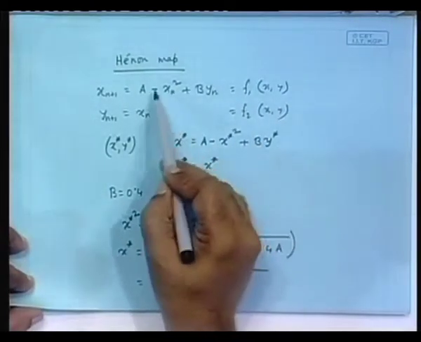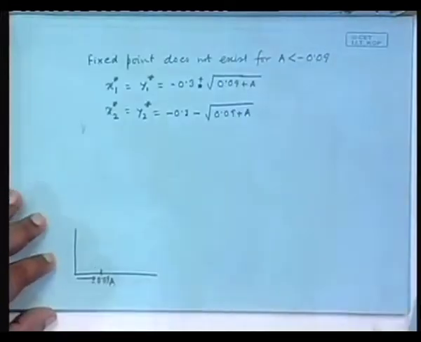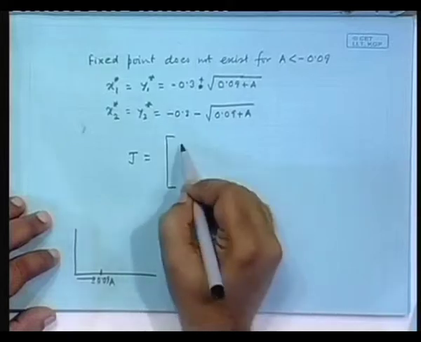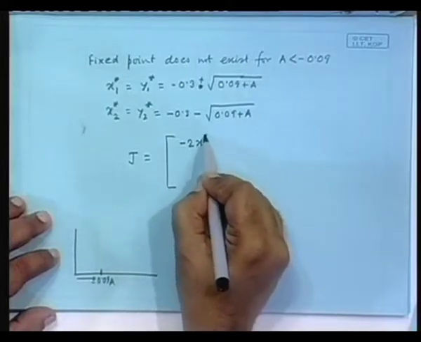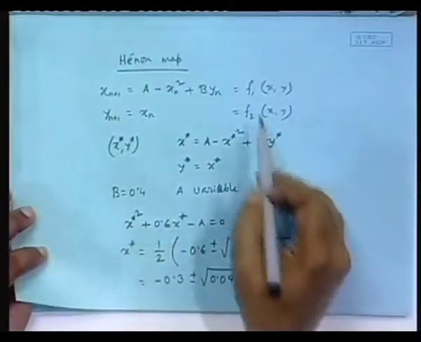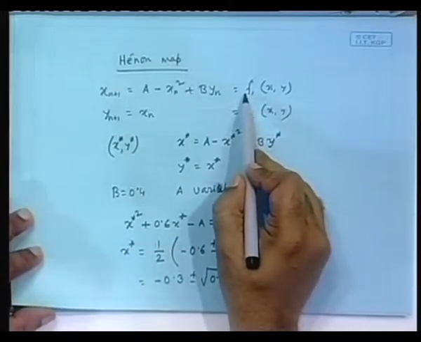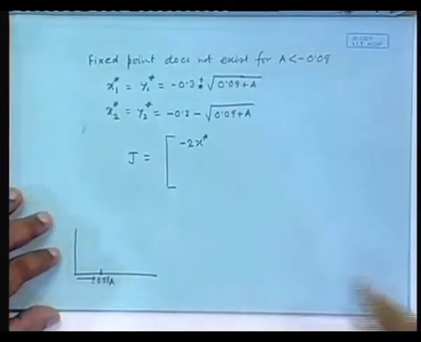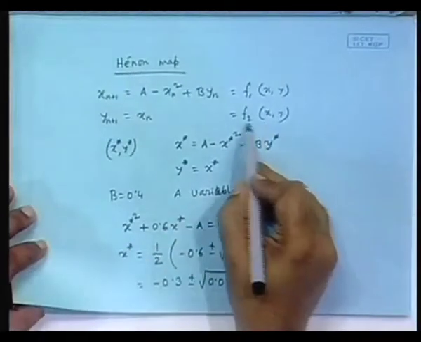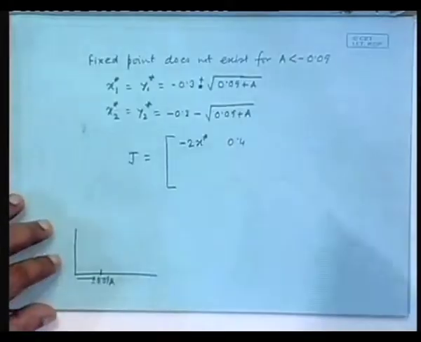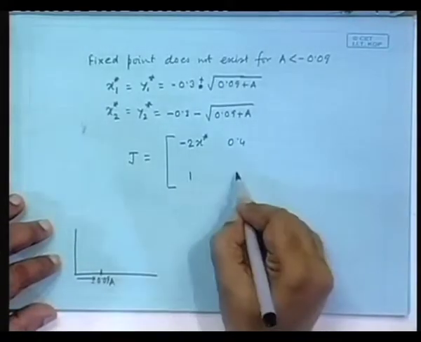The first term would be minus twice x star. The second one is F1 with respect to y, which is b. We have taken it as 0.4. The third one is F2 with respect to x, so 1, and this value is 0.